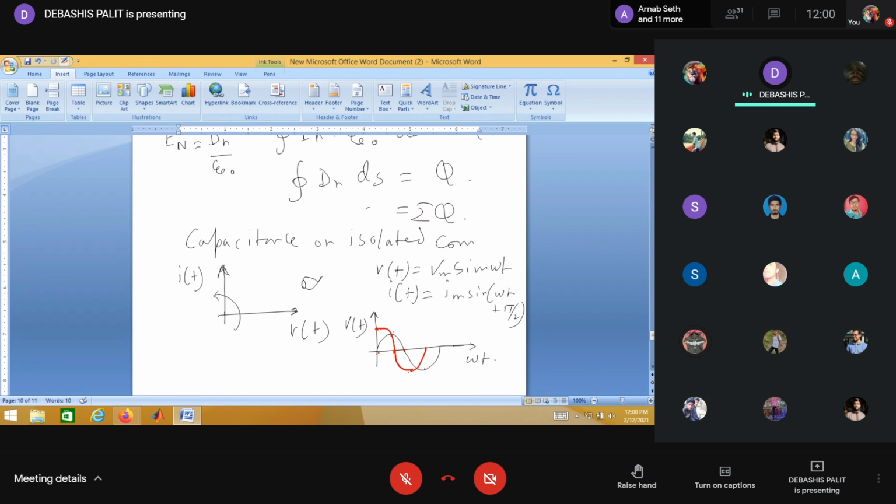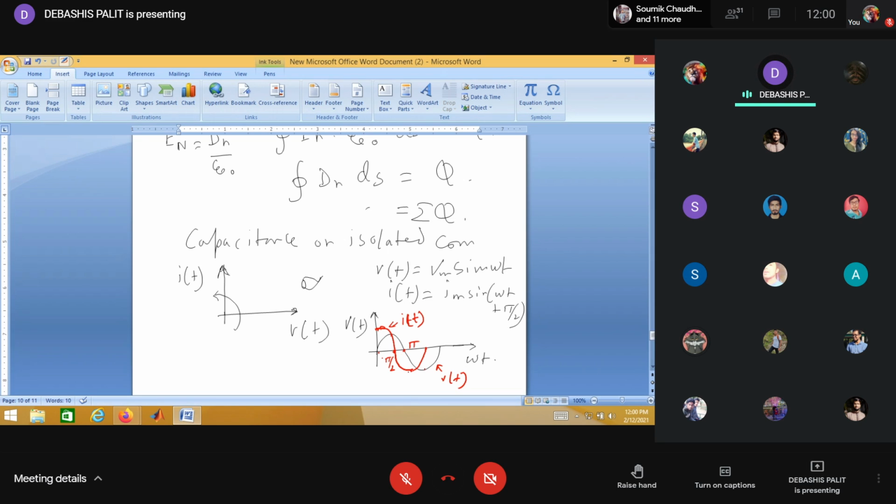So this is your current phasor It, and this is your voltage phasor Vt. So the voltage phasor always phase lags that of the current phasor by 90 degree. This is your pi and this is your pi by 2. So the current phasor leads the voltage phasor by 90 degree for a pure capacitance.